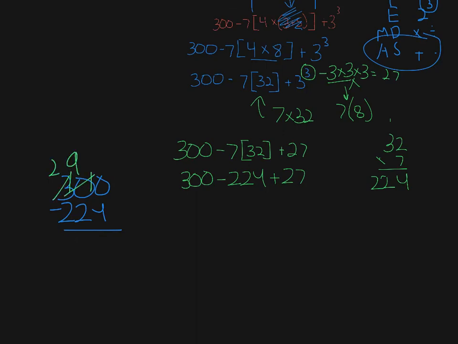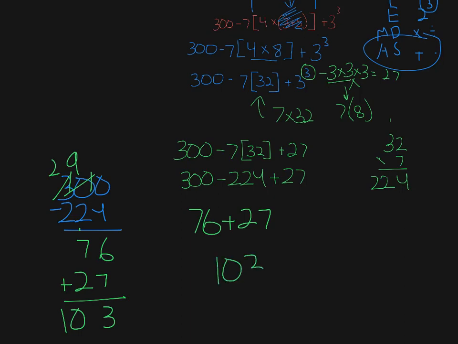That's a 10. 10 minus 4 is 6. 9 minus 2 is 7. So now it's 76 plus 27. Let's go add those up. 7 plus 6 will give us 13. Carry the 1. 7 plus 1 is 8. Add 2. It's going to be 103. And I know that I did that correctly, so we should be good to go.